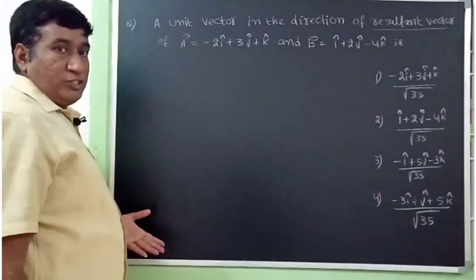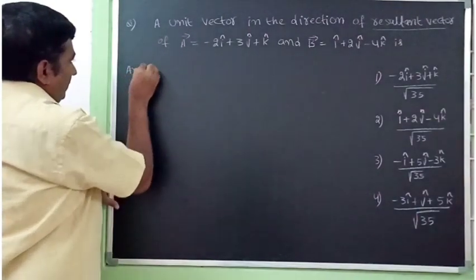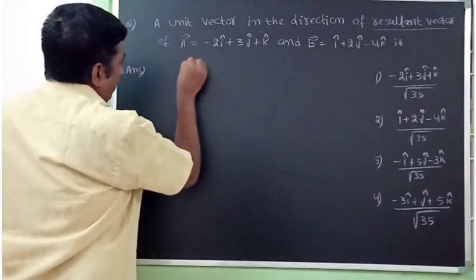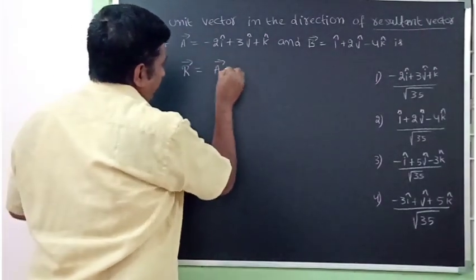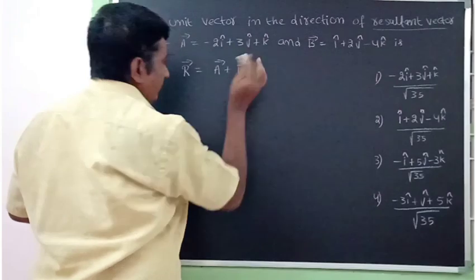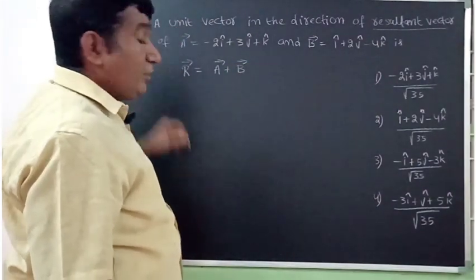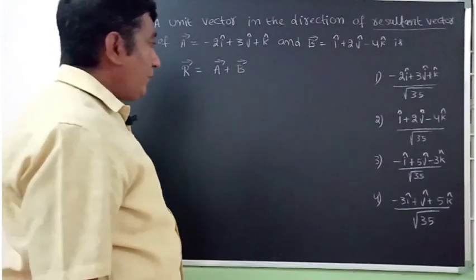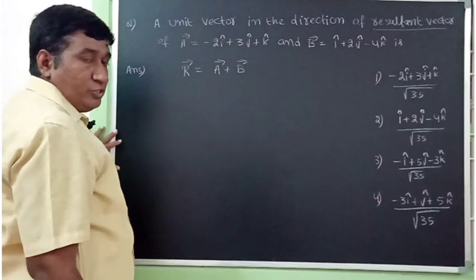So the resultant, which is nothing but the sum. So R vector is equal to A vector plus B vector. This is clear. But what they asked here is the unit vector. The unit vector is defined as a vector whose magnitude is equal to 1.